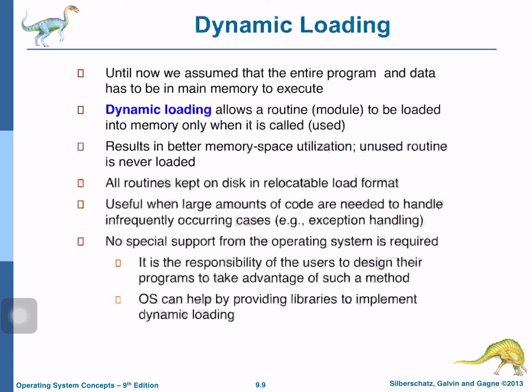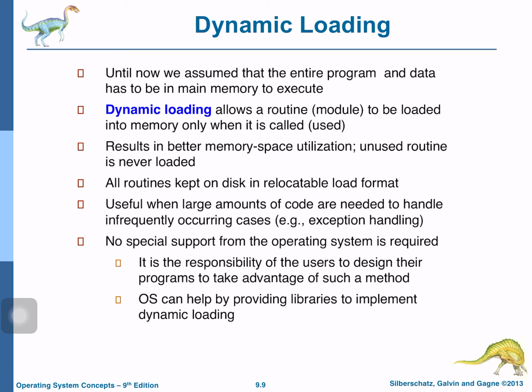However, dynamic loading allows a routine or module to be loaded into the memory only when it is used. Meaning that it is not always necessary that all the programs need to be in the memory. Only the one that needs to be used will be loaded into the memory.